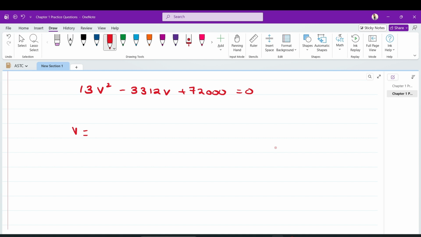So what was the quadratic formula? x is equal to minus b plus minus the square root of b squared minus 4ac, divided by 2a.